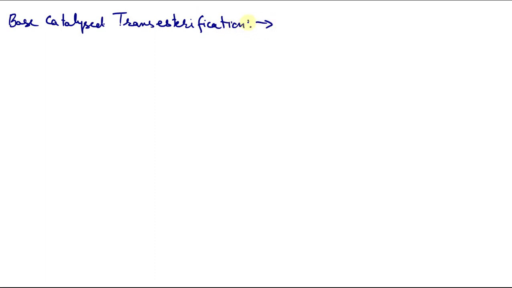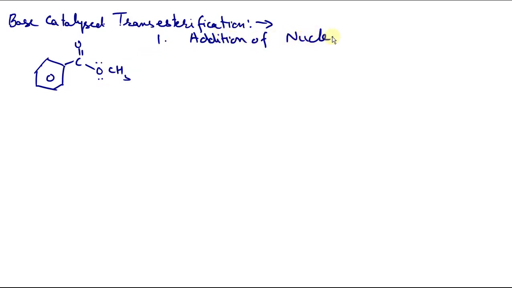You can have any ester, you can take a general acid or any specific acid. Just to make it easy, let us take methyl benzoate. Now the first step is addition of nucleophile. We have done the general mechanism for nucleophilic acyl substitution.